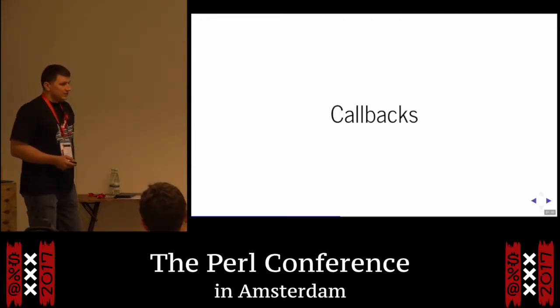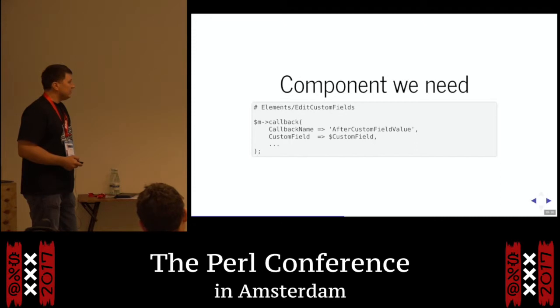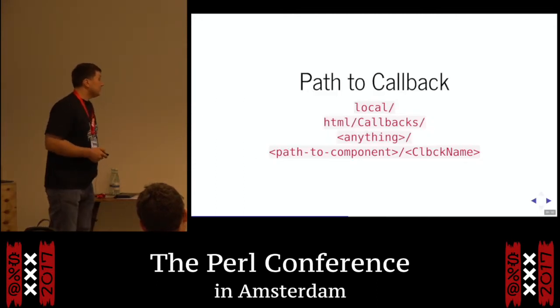There is such a thing in RT as callbacks. In every component, it has a callback after generation of every field, like custom field value, before a group of custom fields, after a group of custom fields, and so on.